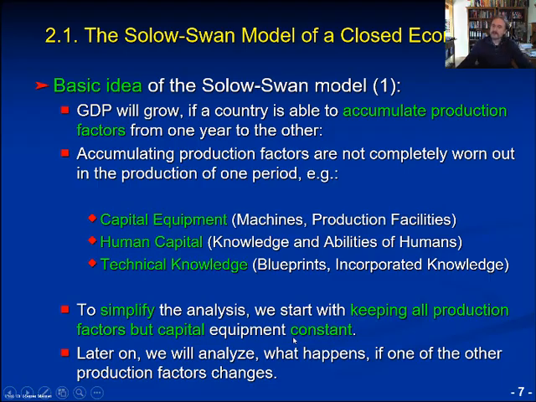To simplify the analysis in the following, we start with keeping all production factors but capital equipment constant. Later on, we will analyze what happens if one of the other production factors also changes.